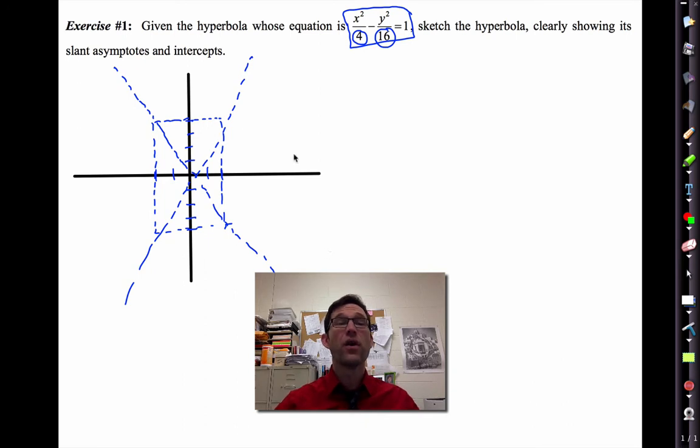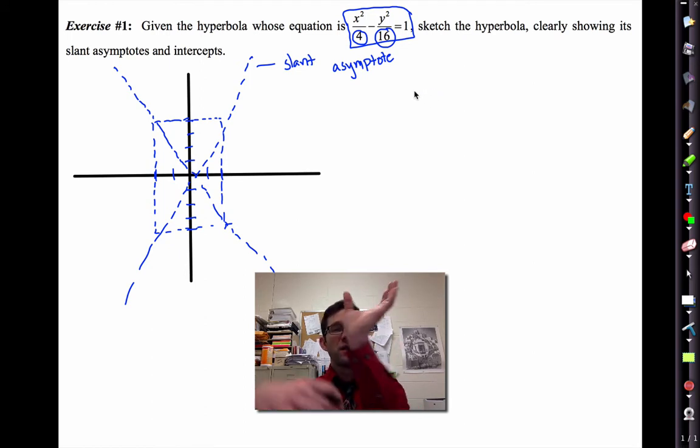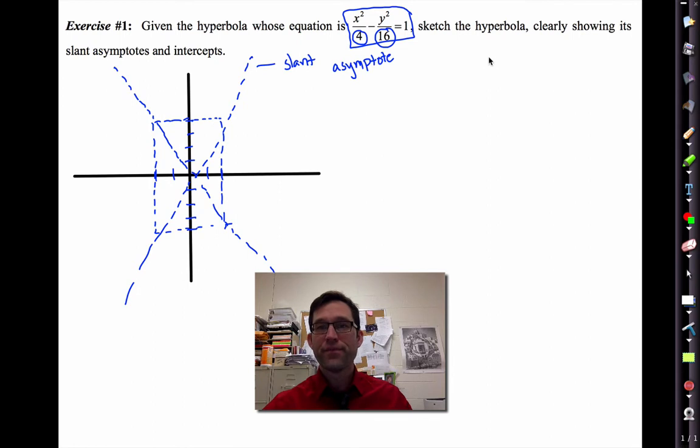I apologize. Those are the slant asymptotes, and I want them dashed, or a different color, to distinguish them from the hyperbola. Now we know that from previous experience the hyperbola is either going to look like this, or it's going to look like that. Pardon my poor drawing. So the question is which one?